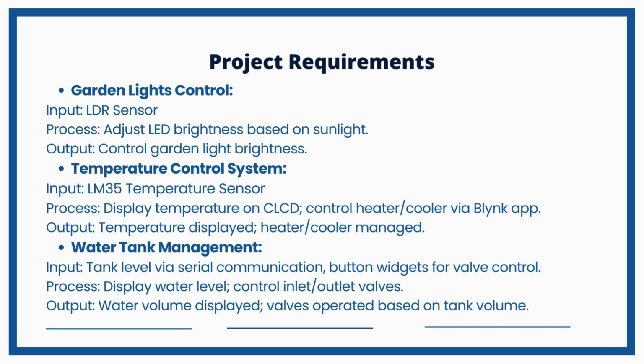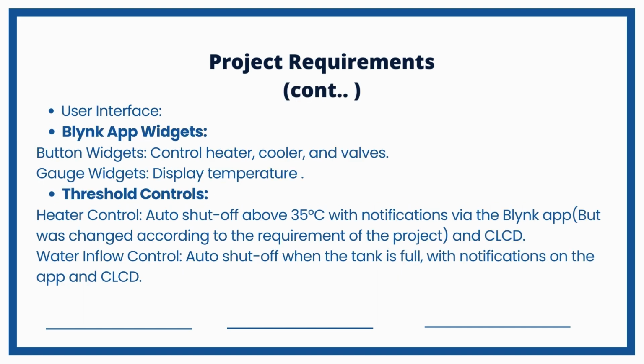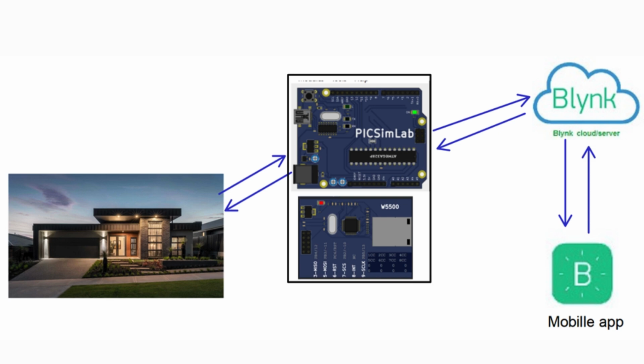For the water tank management, we control the inlet and outlet valves and also display the volume of the water. We also use the Blynk app for making different widgets to control the heater, cooler, and valves, and also to display the temperature.